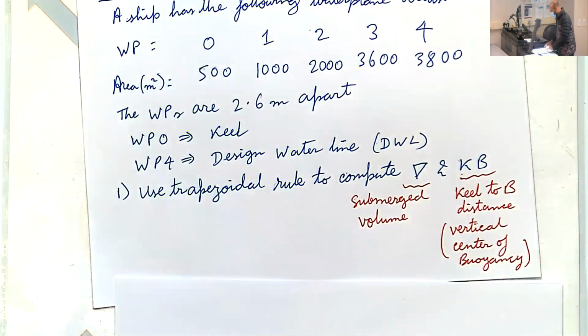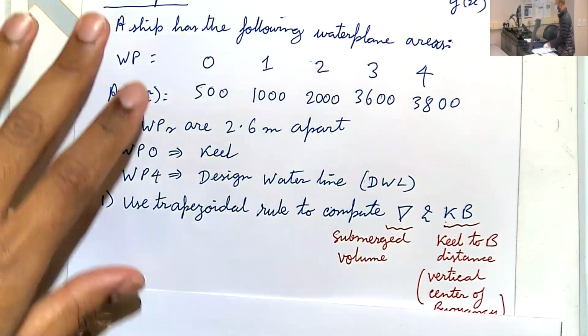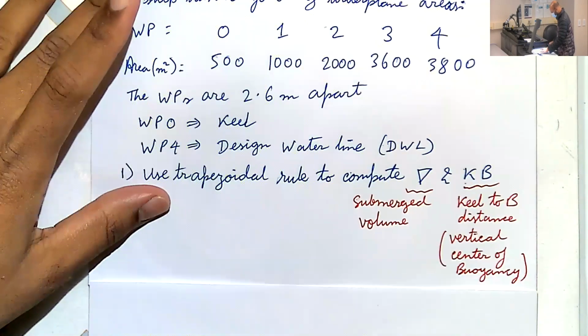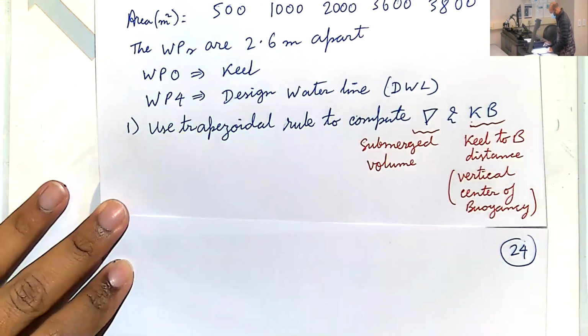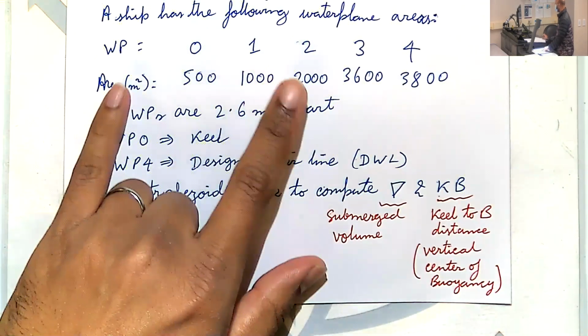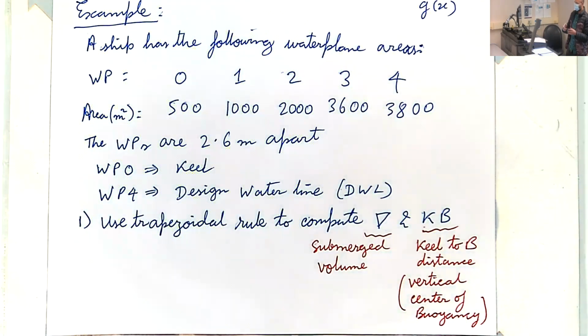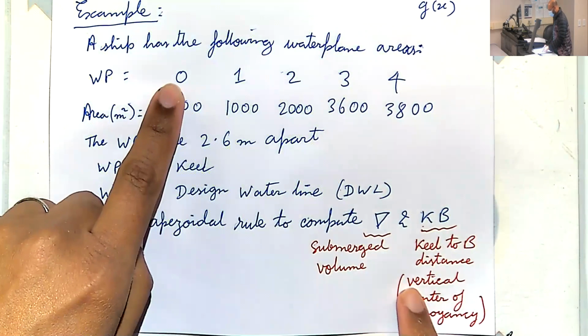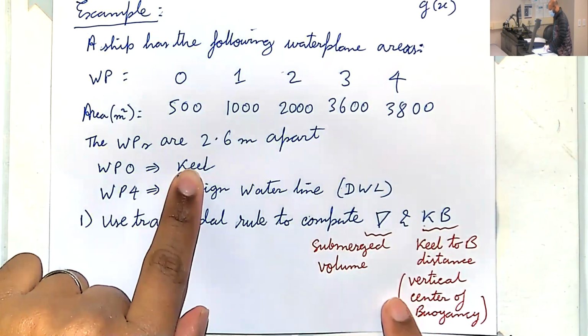All right, and anytime you have a problem, always draw a sketch to orient yourselves. So let's think about what's given to us. We're given water plane areas, meaning if we have the hull, you basically slice it parallel to the water lines. And 0 is when you slice it at the very bottom, the keel level.